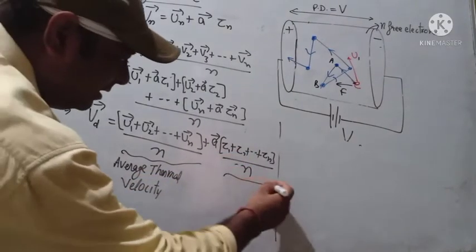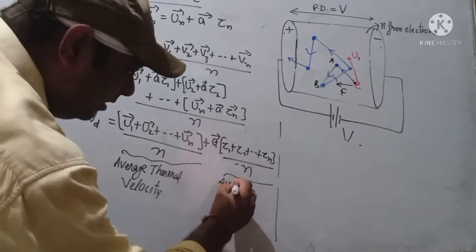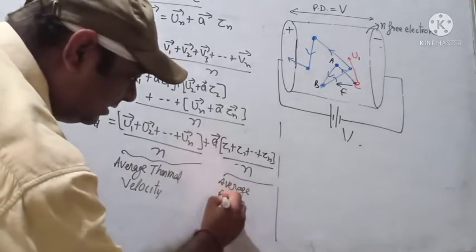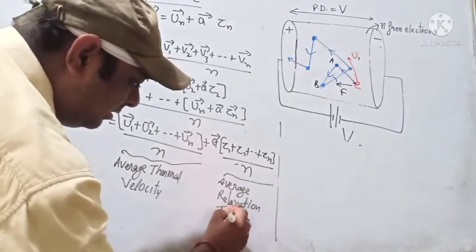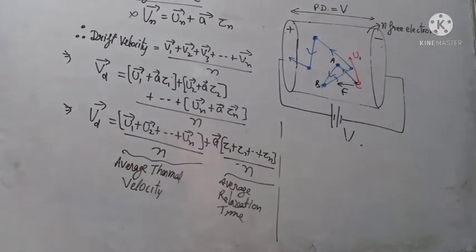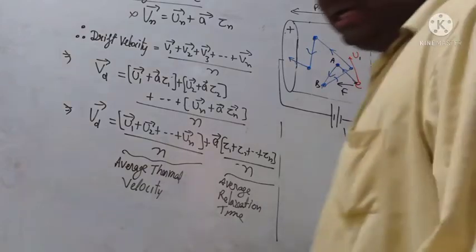And what is this? Average relaxation time. That is the average thermal velocity, and that is the average relaxation time.